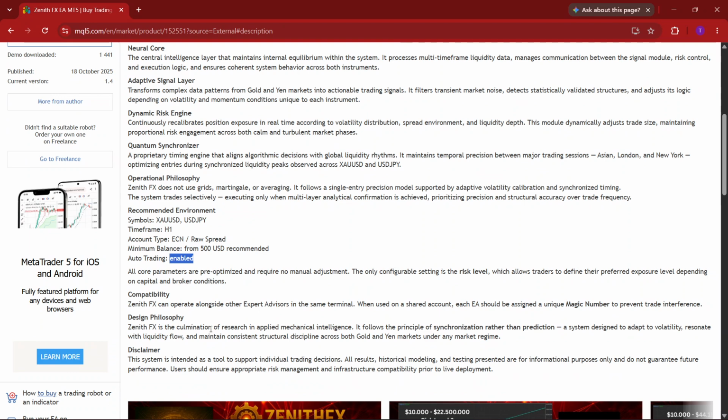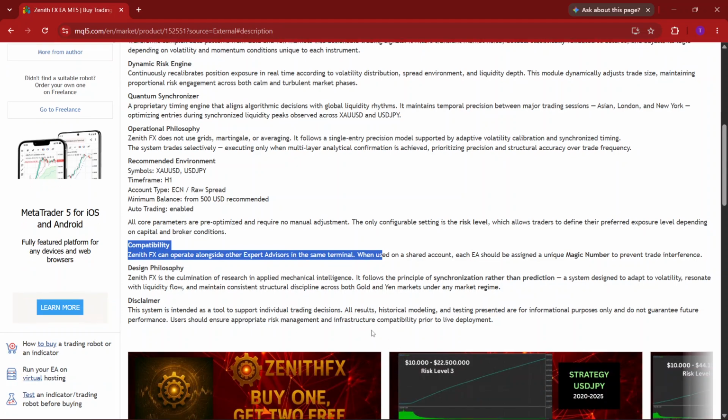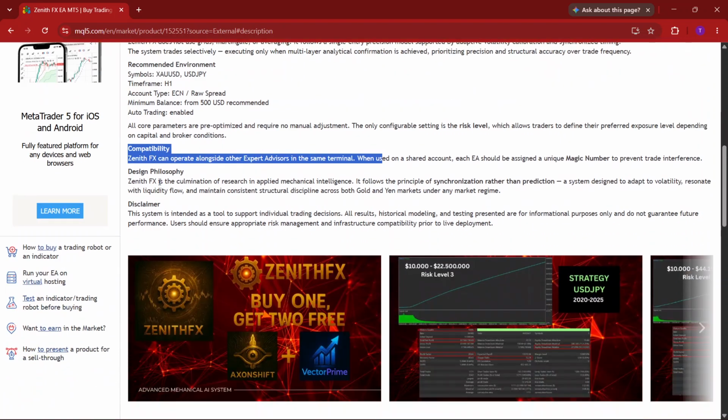Now that's the full page straight from the developer's page. They didn't mention any indicator, so you can operate alongside other expert advisors. And all that, now they have the usual disclaimer. This system is intended as a tool to support individual trading decisions.